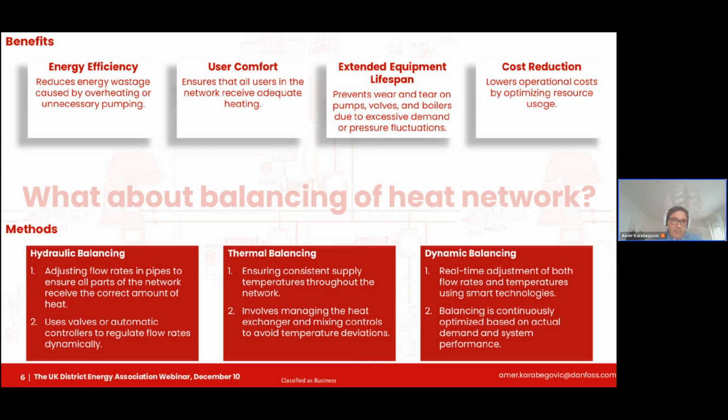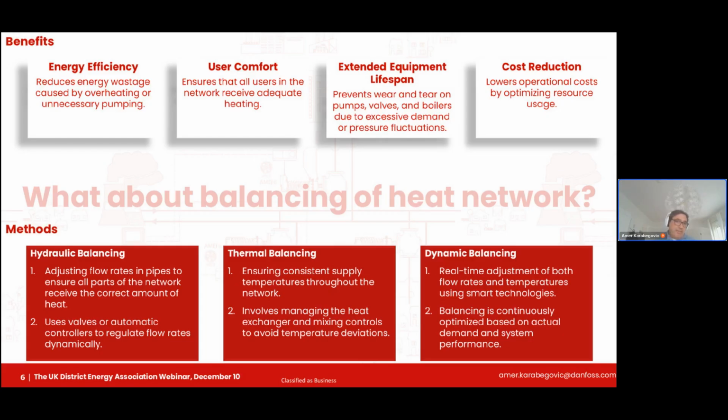When we're talking about balancing, what is the balancing of a heat network? It refers to the process of ensuring that heat is distributed evenly and proportionally across all connected users, regardless of their location in the network. And proper balancing is crucial to avoid issues such as overheating in some areas or underheating in others. So what are the benefits of proper balancing of the heat network?